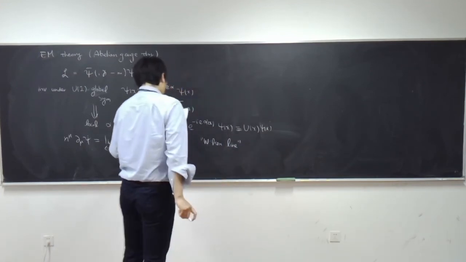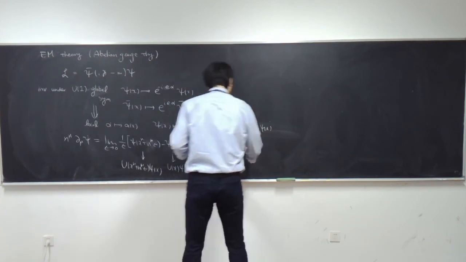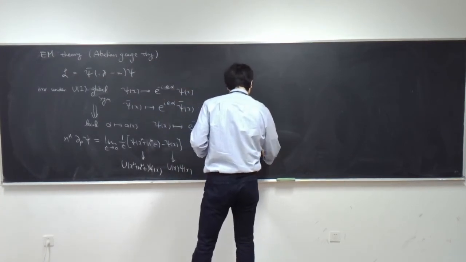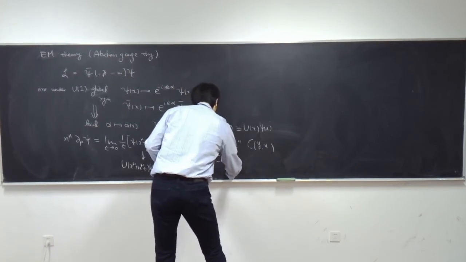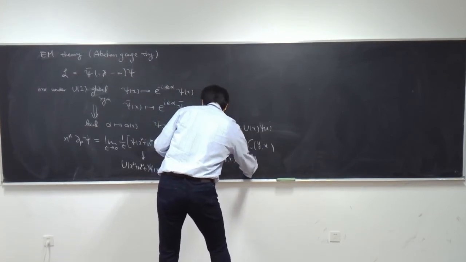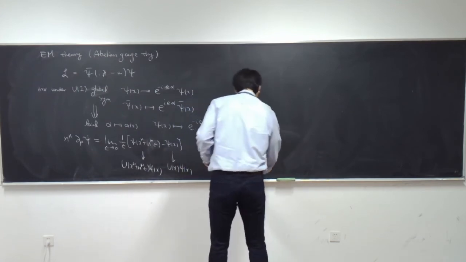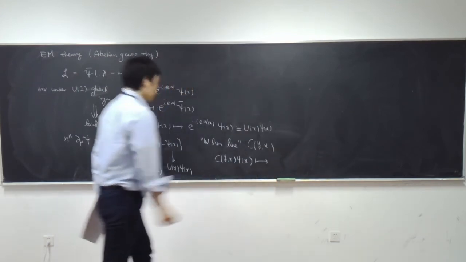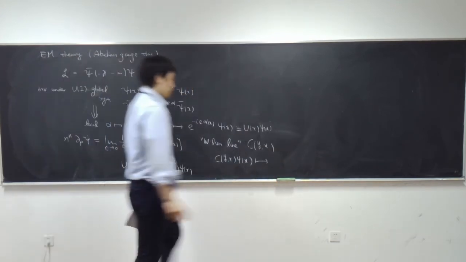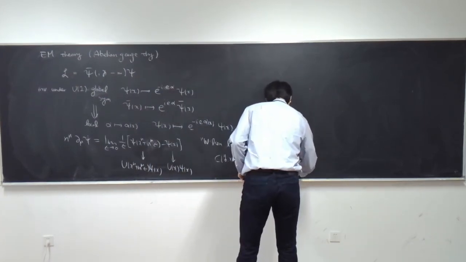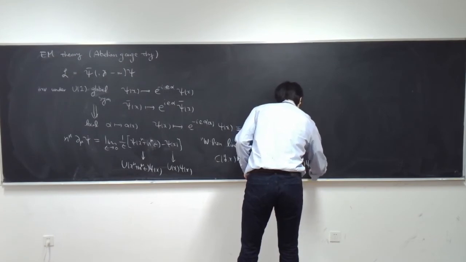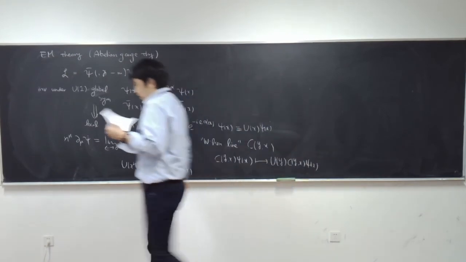So this is what we call C_y(x), such that the C_y(x) of psi(x) is transformed in the following way: U(y) C_y(x) psi(x).